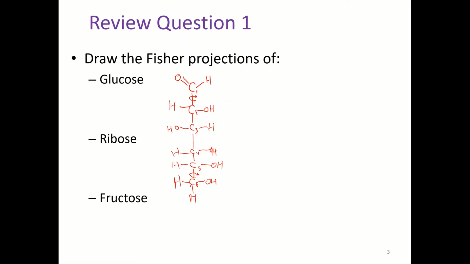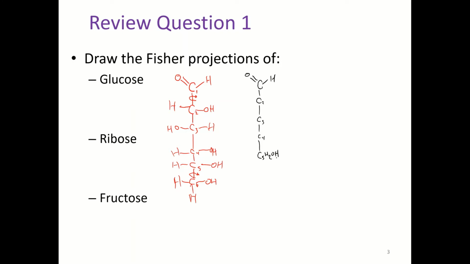Now if we want to try to draw the Fischer projection of ribose, we have to remember what ribose is. Ribose is a 5-carbon sugar, and it is also an aldose. So we're going to start it in the same way as glucose, with an aldehyde at carbon 1. So that's carbon 1, this would be carbon 2, carbon 3, 4, and 5. At carbon 5, we can just put CH2OH, because that's our last carbon in the chain.